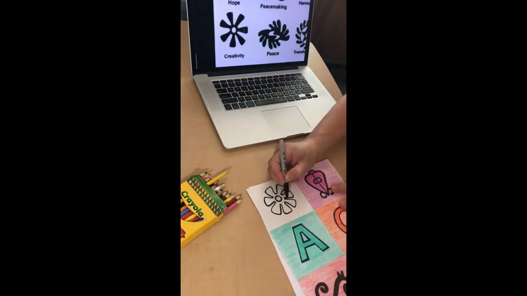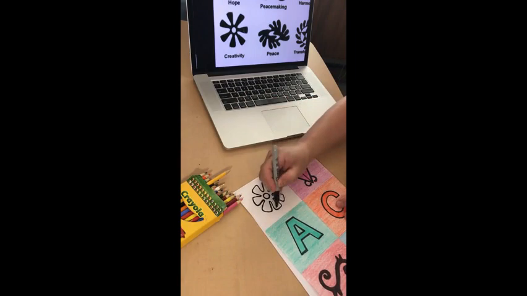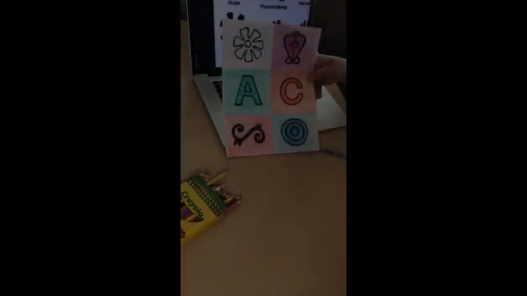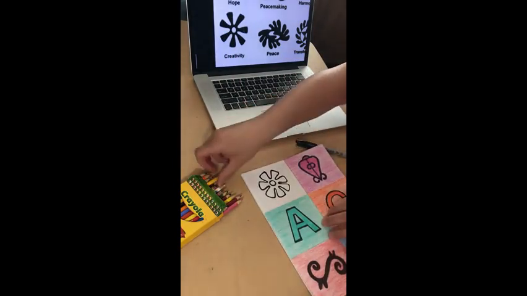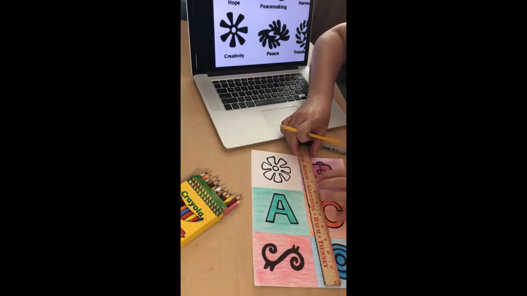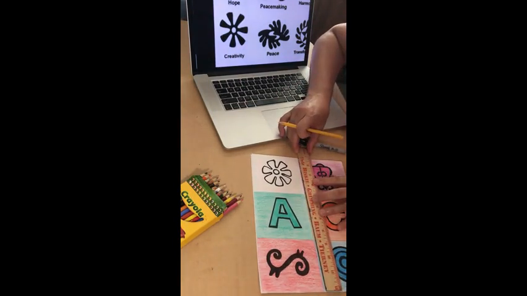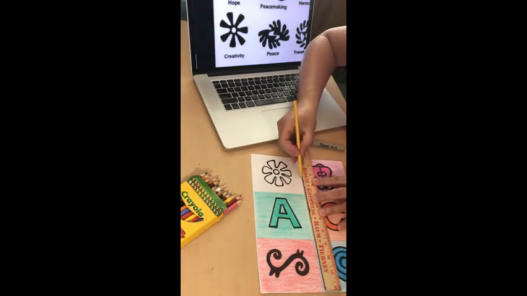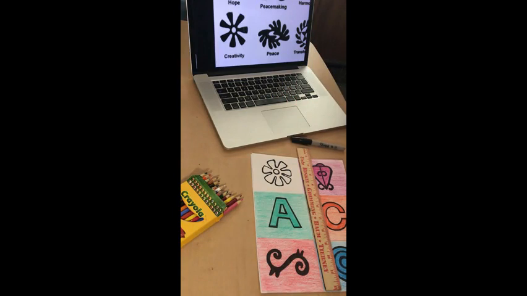Now we can just color that in. There we go. Let's get coloring. One little trick that I have found that works: put this ruler right here, and I can just get it to the edge, not all the way, but close. And when I'm coloring, we're not going to scribble.